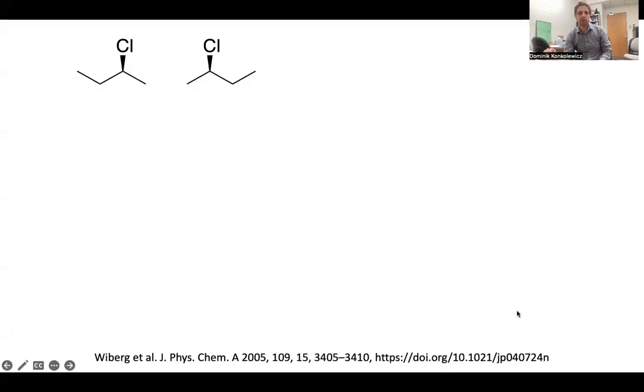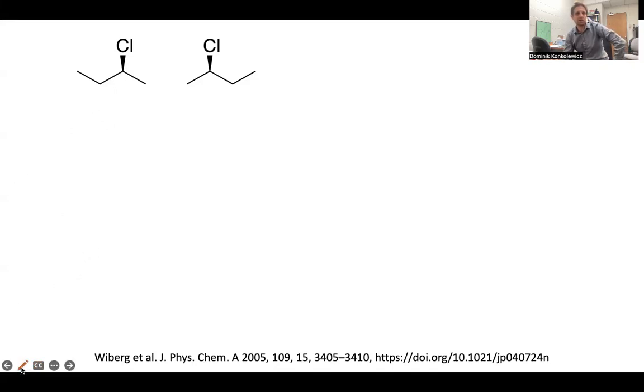So as we go about thinking about how these molecules behave, first of all, we have these two forms of 2-chlorobutane. So we can go ahead and assign the stereochemistry of these. For instance, there's the one form here.